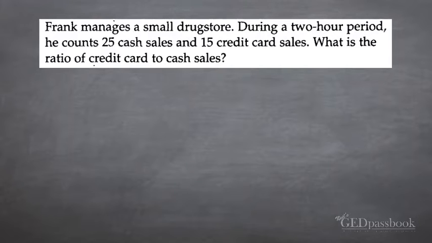What is the ratio of credit card to cash sales? So is it asking for the missing number? No, it's asking for the ratio. It's asking for the ratio to be written out. How should that be written out? Well, ask yourself, what is the credit card? Well, it says it right there. 15 credit card sales, right? To cash sales.